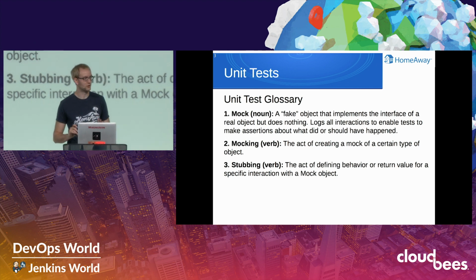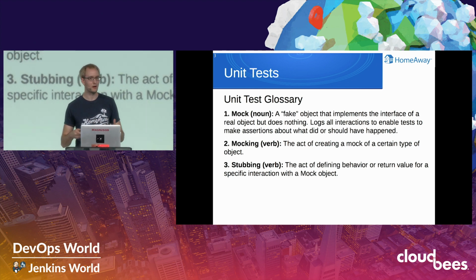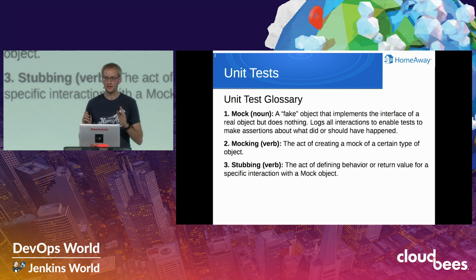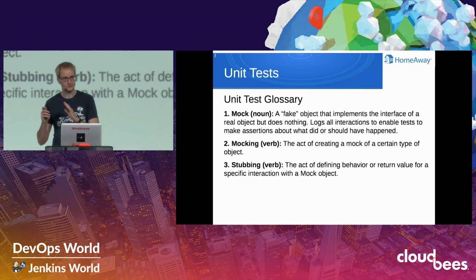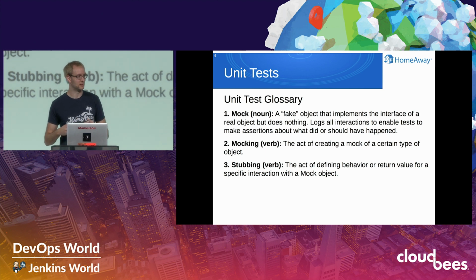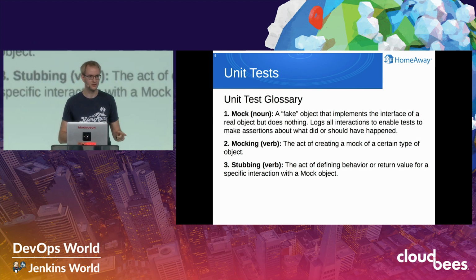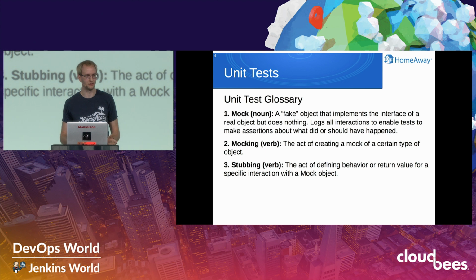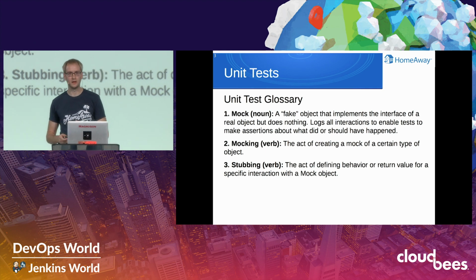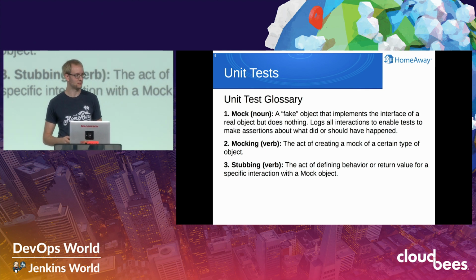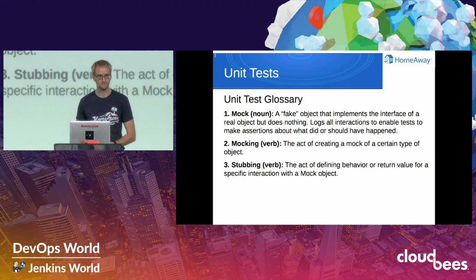There's a couple words we're going to use in the context of talking about unit testing pipeline code that I want to make sure we're clear on. A mock is a fake object that implements the interface of a real object, but just does nothing, returns nothing. Or actually, it would record any attempts to interact with it so that you, the test author, could then make assertions about what should have happened or check what did actually happen.